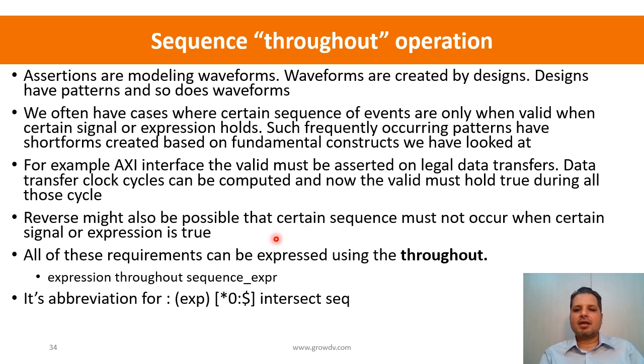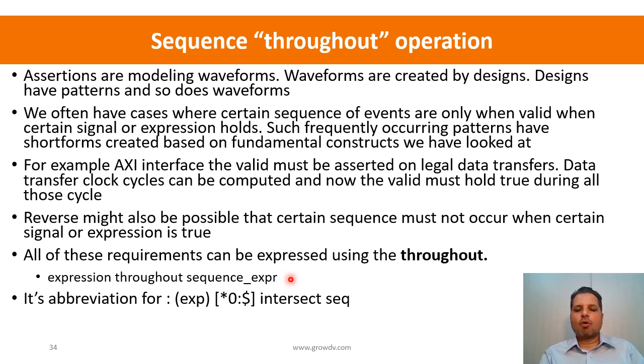This is a very frequently used requirement, and there is a shorthand for it called throughout. The way it's used is: some expression or signal throughout a sequence of expressions. What this means is that when this sequence occurs, the expression must hold true throughout the interval of the sequence.